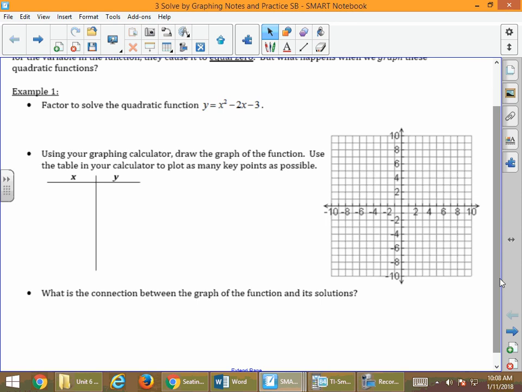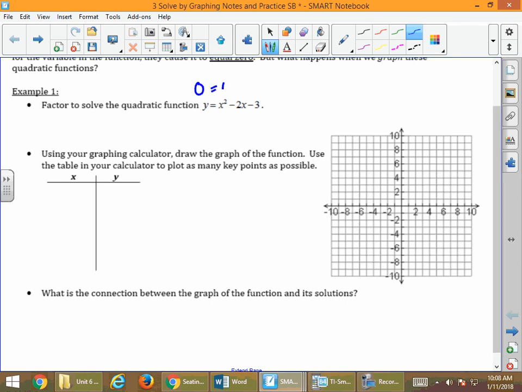And when we solve by factoring, remember, instead of writing y, we probably want to write 0 equals x squared minus 2x minus 3. And you might want to write that above just to have enough space for factoring. Because when we factor, we're going to split the middle in this case. And we have 1 times negative 3, which is 3. I don't need to worry about the negative. Sorry about that. 1 times 3 is 3.